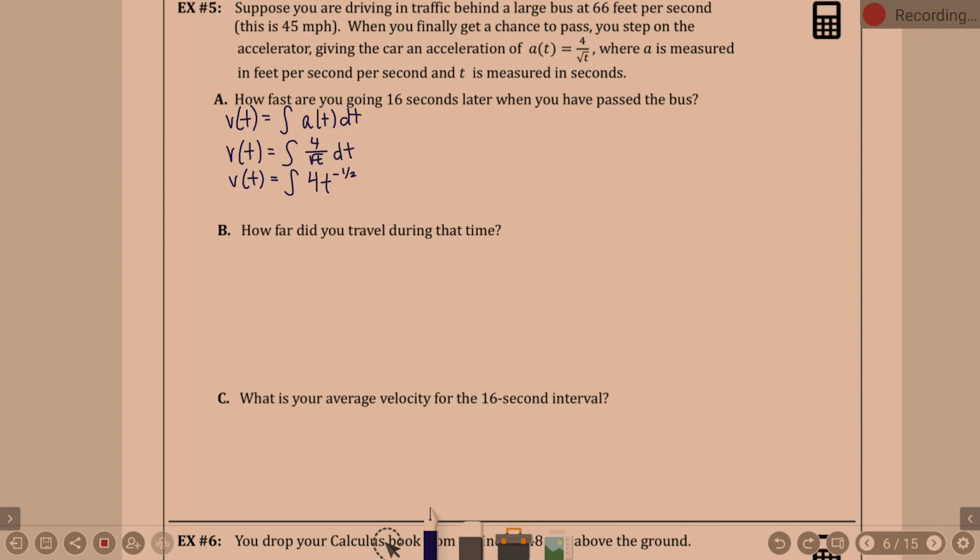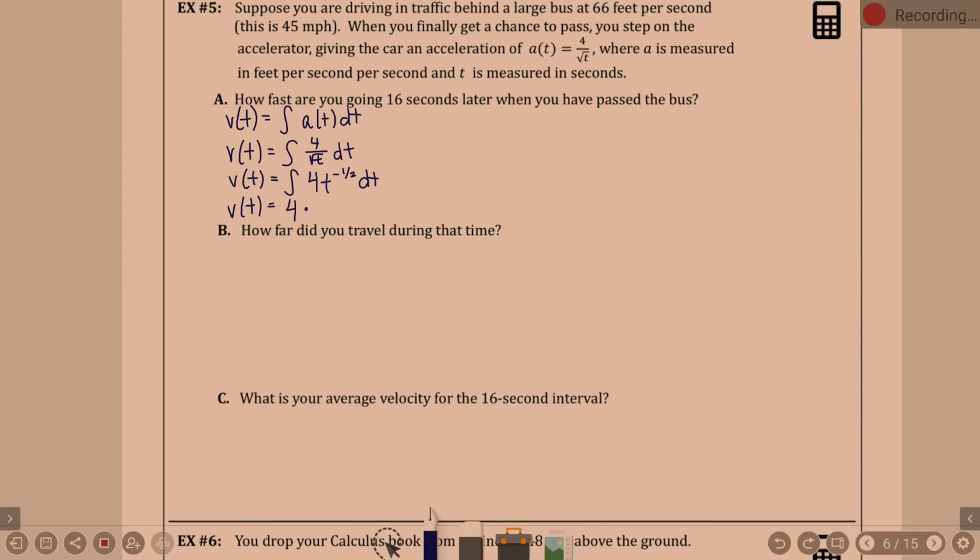So we're integrating 4t to the negative 1/2, which, I don't know how you want to think about this. I'm going to say the 4 is already there. Ignore the 4 for a moment, just copy it down. t to the negative 1/2. If you add 1 to the power, it's going to become positive 1/2.